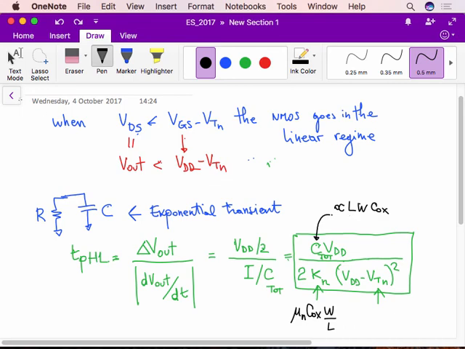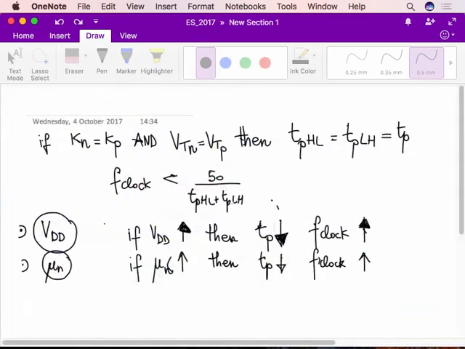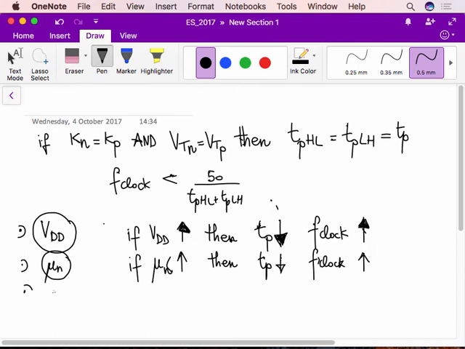You see, if you reduce the length, we have that T_p is proportional to L to the power of 2.